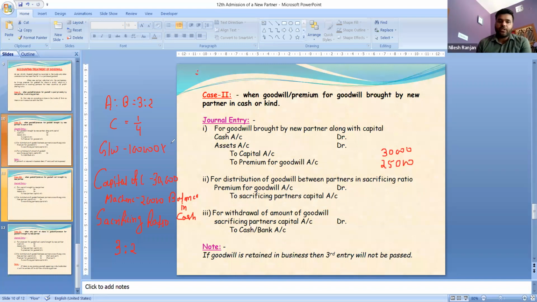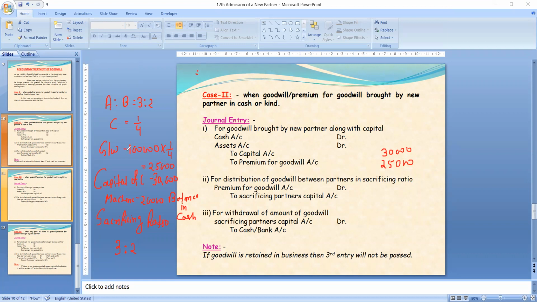Because if we calculate 1/4, we will get 25,000. The value of goodwill of the firm is to be multiplied with the new partner's share to calculate his share in goodwill. So we multiplied it by 1/4 and get 25,000.